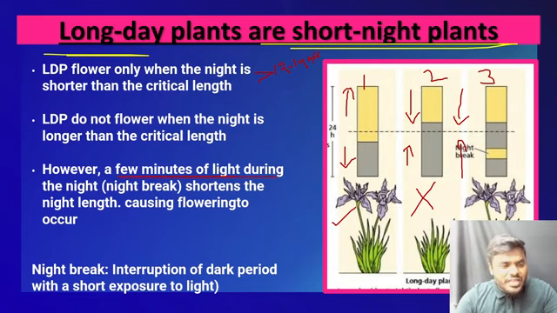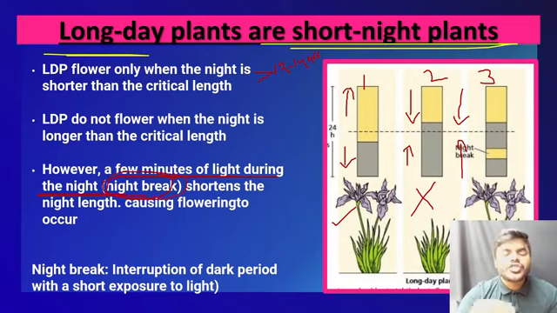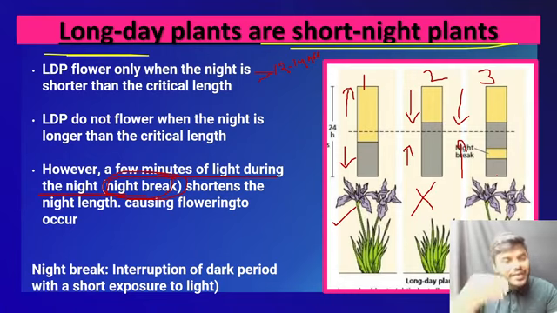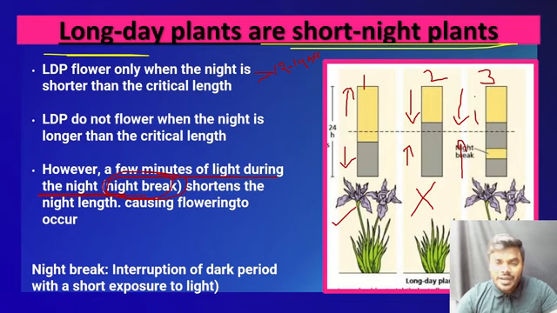A few minutes of light during the night. What do you call, friends? We will be calling it the night break. Because of the night break, the night length is getting shortened. When the night length gets shortened, obviously day length is getting increased.